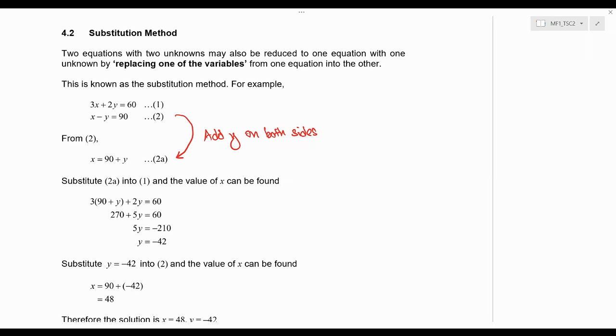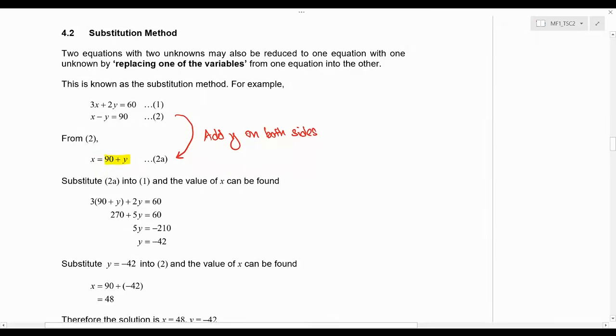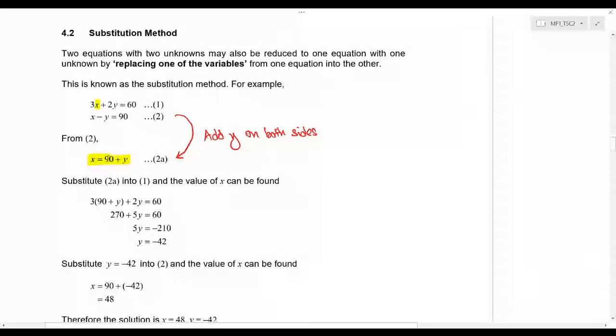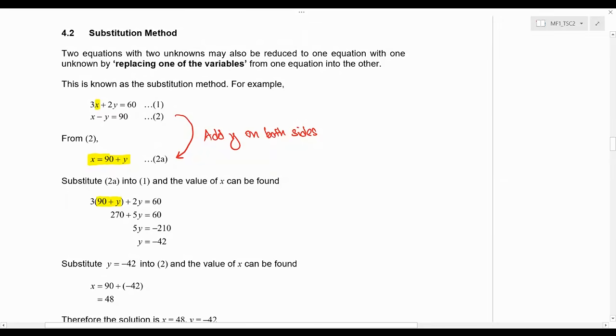And we are going to put this inside equation 1. If you notice, this here is where x is going to be. Equation 1 was 3x plus 2y equals 60.